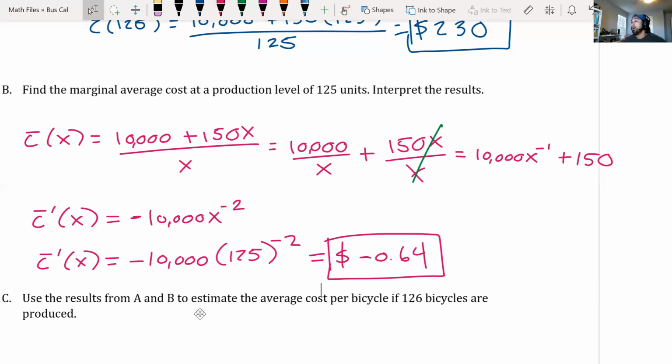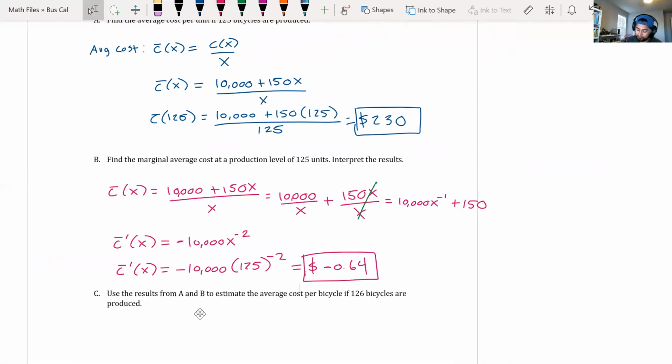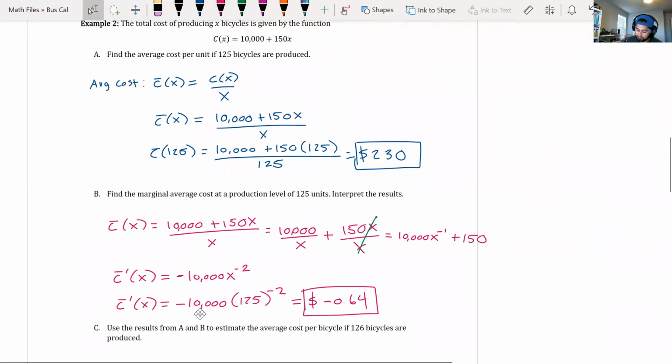All right. But what does this mean? So remember, derivative is slope. So we're looking to interpret whether this has a positive or negative output and what that means. So our answer was positive or negative? Negative.